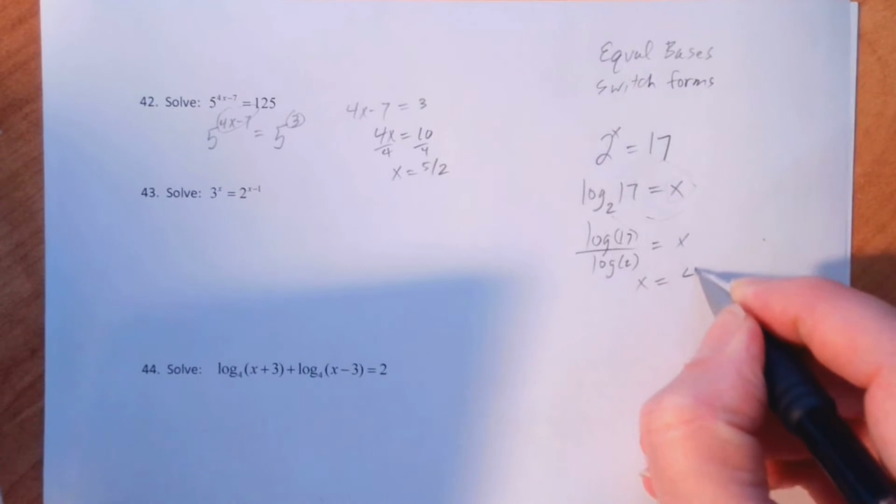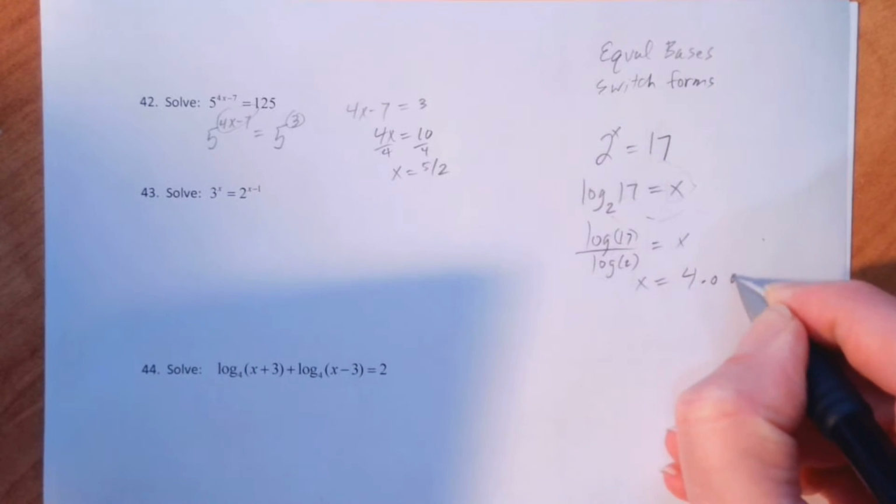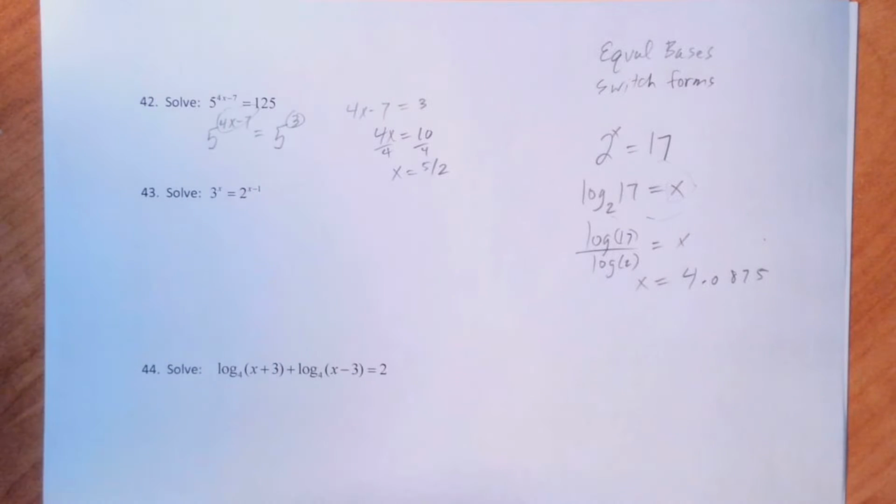You get 4.0875. And the nice thing about these is you can check them pretty easily. 2 to that power should equal 17. Now we know 2 to the 4th power is 16, so you can see that's just a little more than that. Alright, so that's the switching forms technique, and we talked about the equal bases technique.